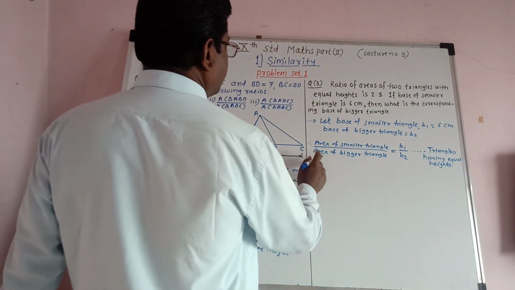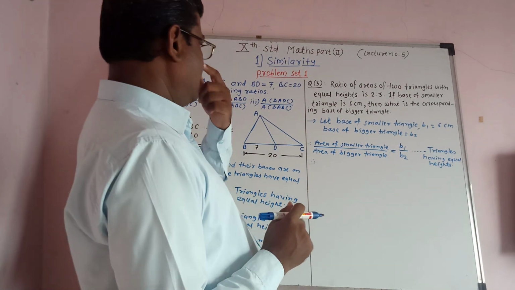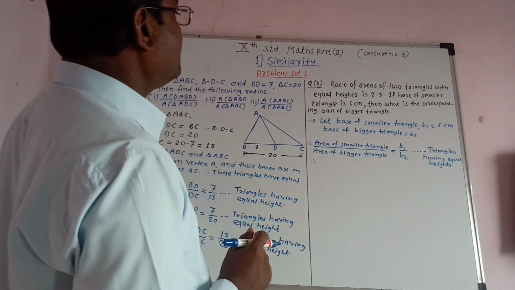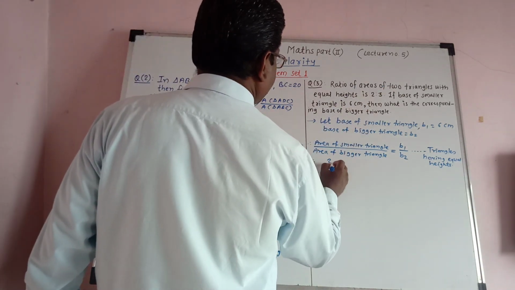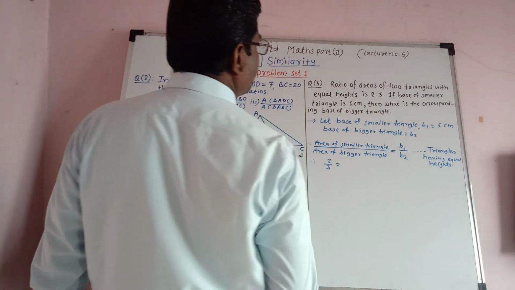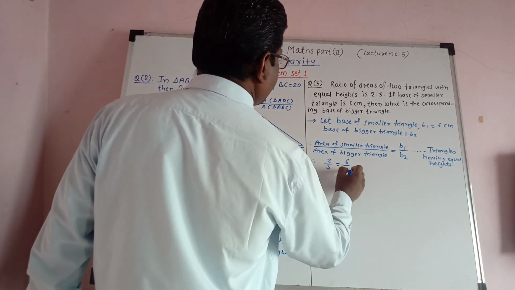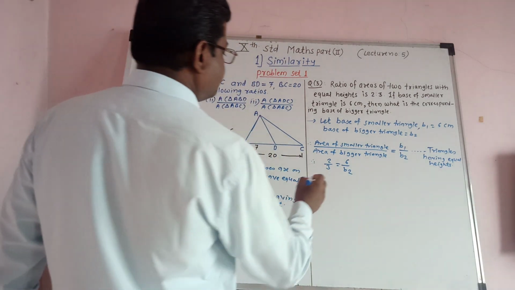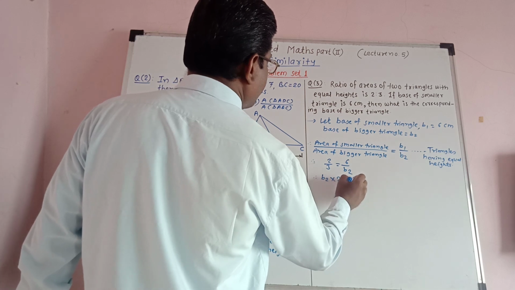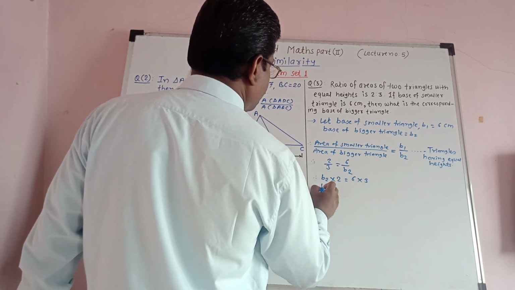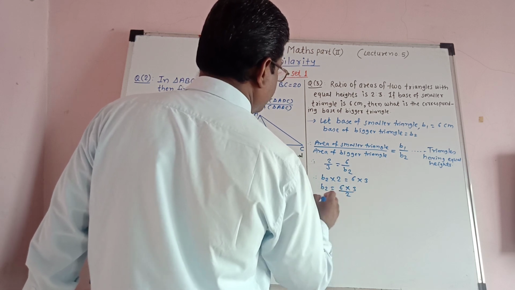Now this ratio is given. Area of a smaller triangle to area of a bigger triangle, this ratio is given 2/3 is equal to B1 is 6 upon, we have to find B2. By cross multiplication, B2 into 2 is equal to 6 into 3. B2 is equal to 6 into 3 upon 2.